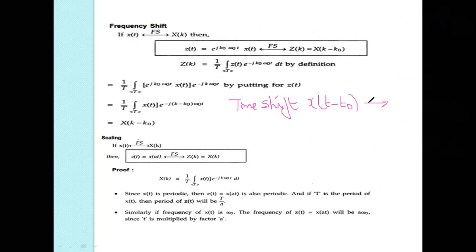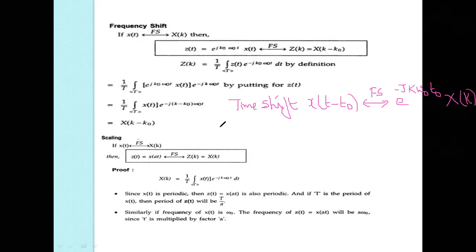What is the Fourier series here? Fourier series is e power minus j k omega naught t naught into x of k, the coefficient, since it is t naught samples shifted.